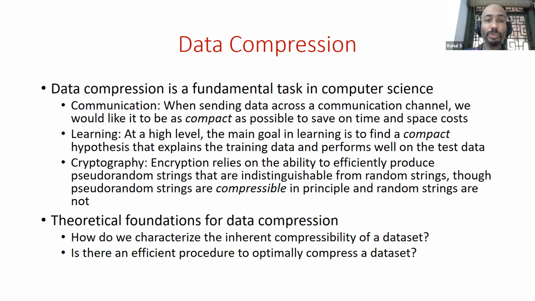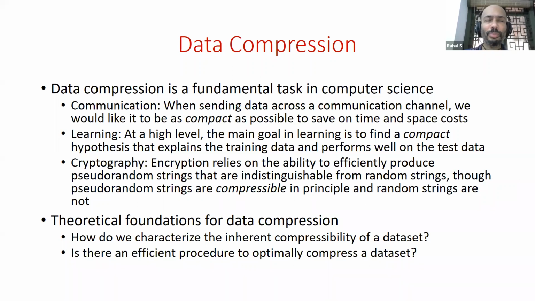Most obviously from a communication point of view, when you're sending files across, you want them to be compressed so that you can send them across in a way that's time efficient and space efficient. We have various compression formats like zip, and algorithms like the Lempel-Ziv algorithm and Huffman coding, which allow us to compress data.